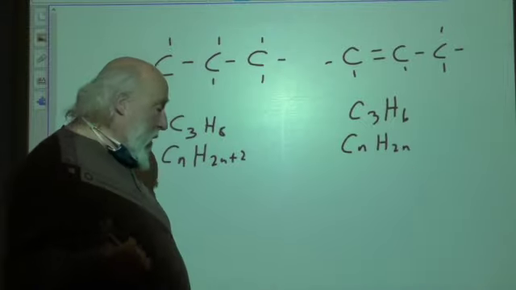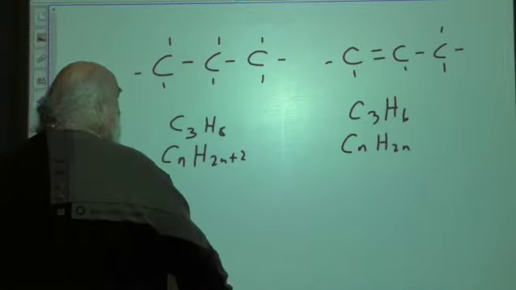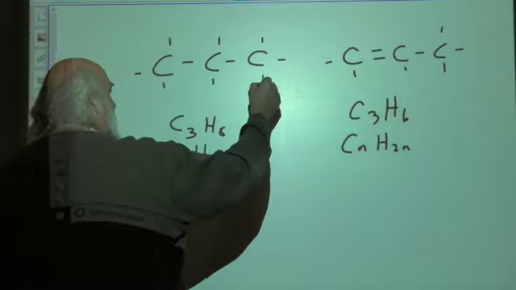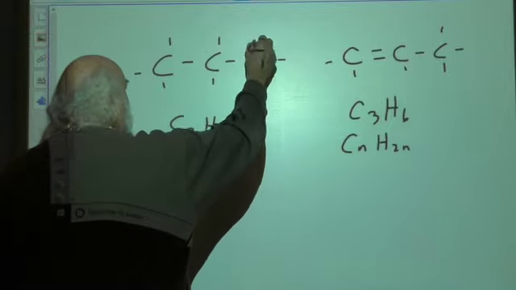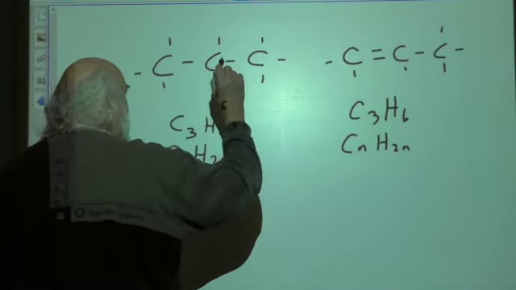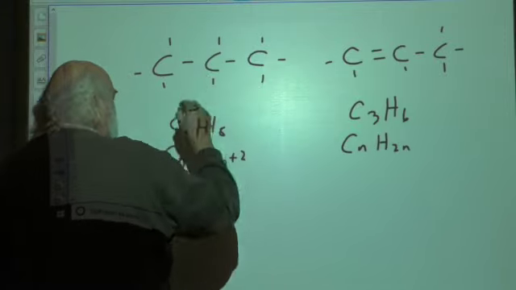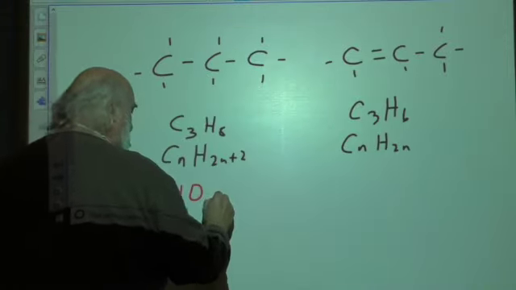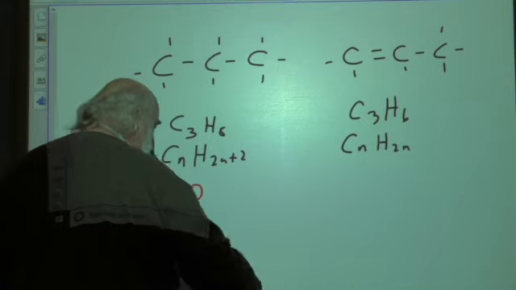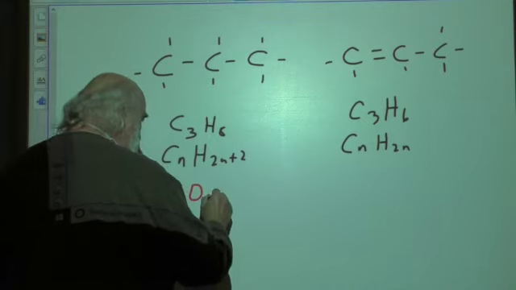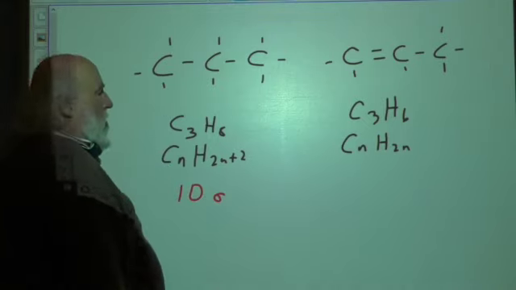Now let's talk about that extra bond. In this case right here, with all these hydrogens, we have 1, 2, 3, 4, 5, 6, 7, 8, 9, 10 sigma bonds.